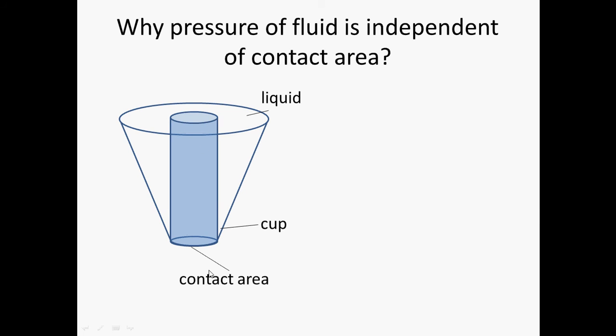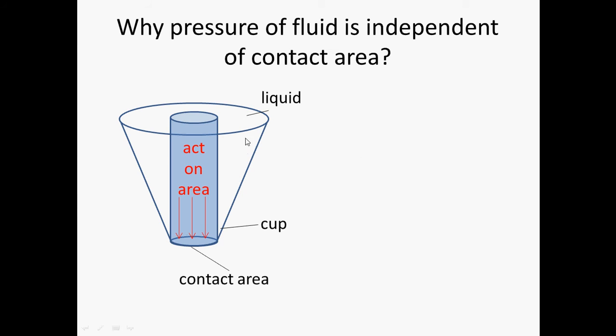So in this case, if your contact area is circular, you will form a cylindrical shape all the way to the surface of the liquid. So that means that only this region of liquid is acting a force or a weight on the contact area.